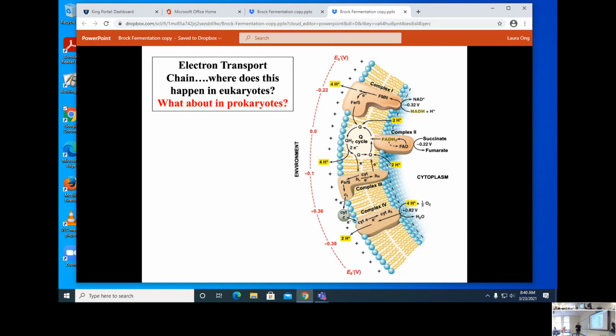Option 2 is you have a lack of the final electron acceptor. You don't have your needed compound at the end to pick up electrons that are coming out of this chain. And if there is no electron acceptor to pick them up, all of these components are basically going to be stuck holding the electrons that they've got. They can't pass them on.